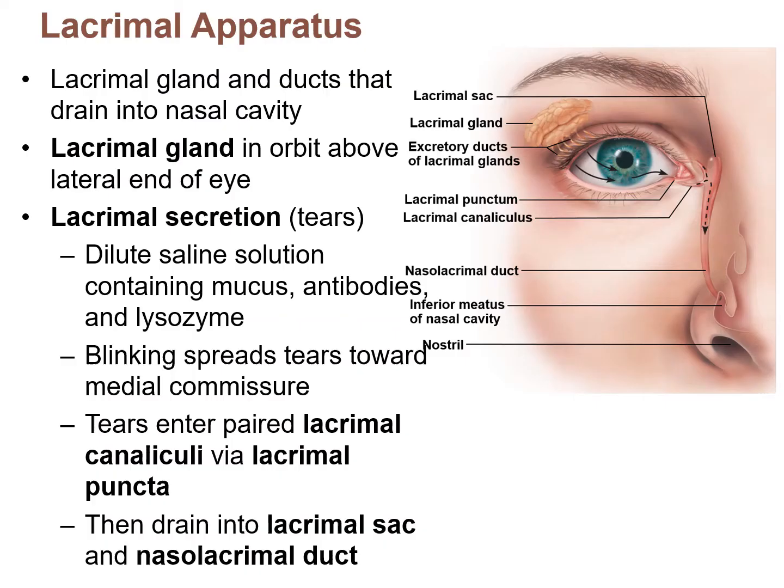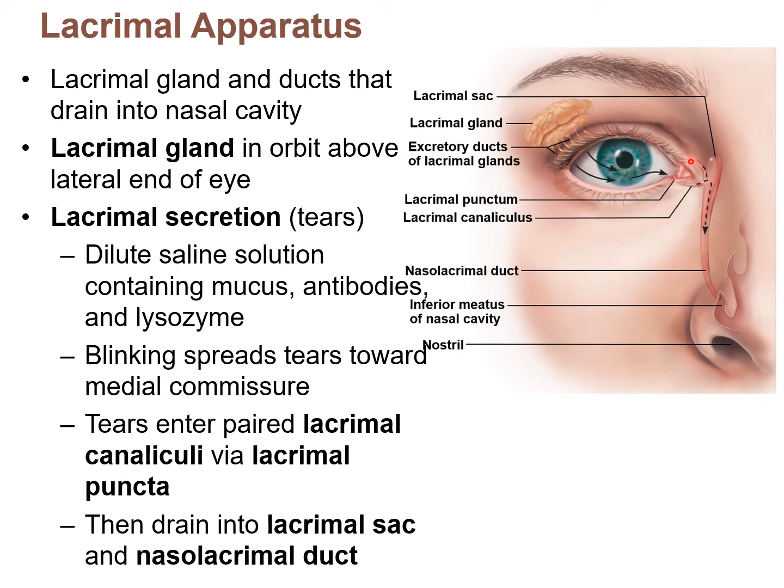All right, our lacrimal apparatus is our tear factory, and tears are produced in the lacrimal gland, which is located in the superior lateral portion of the orbit. The lacrimal secretions, which are the tears, will empty out of these ducts from the lacrimal gland over the eye, or the conjunctiva, and then these tears will flow toward the medial portion of the eye, and then enter these little canals, which are called lacrimal canaliculi.